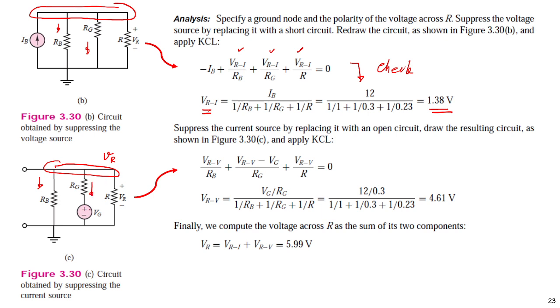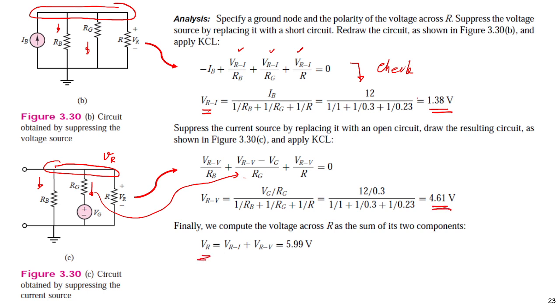This current is VR minus VG divided by RG, right? This current is VR divided by R. Then we substitute the known values, we get VR in this case equal to 4.61.